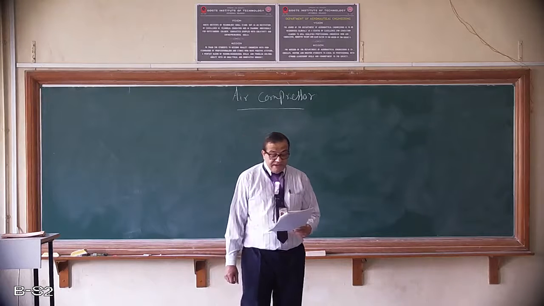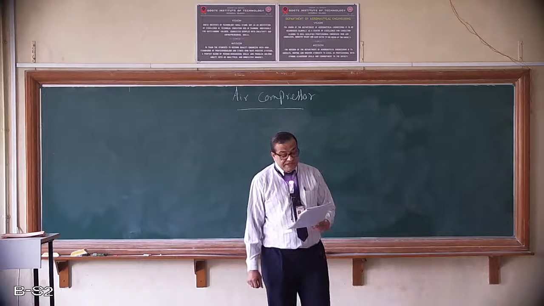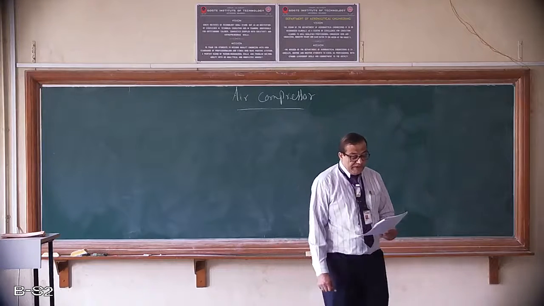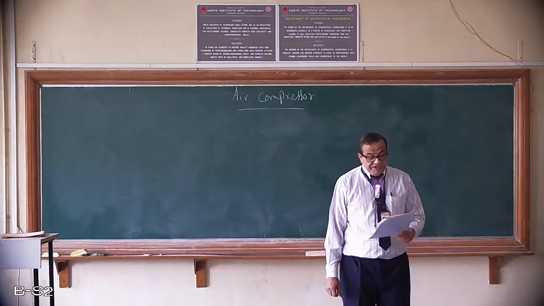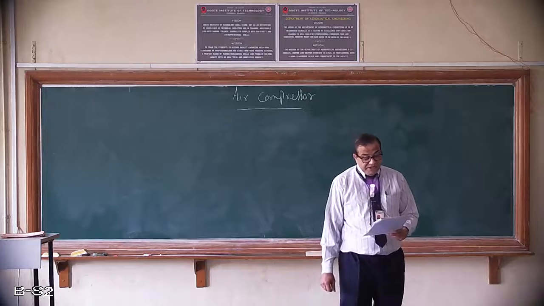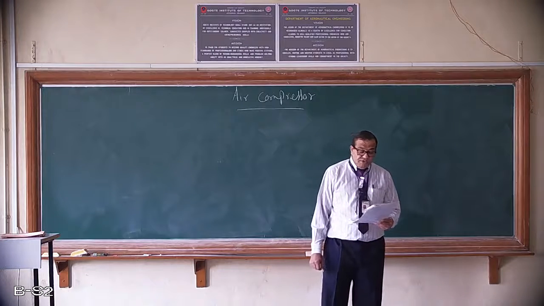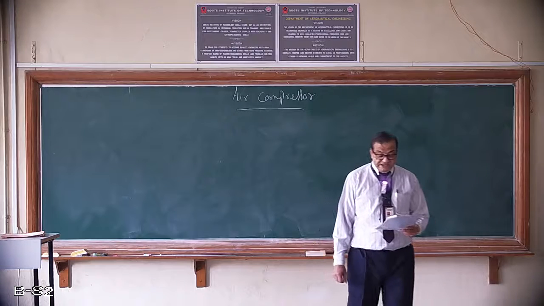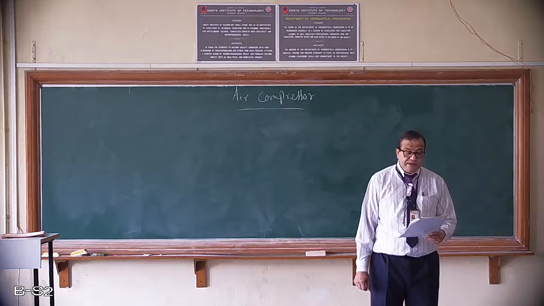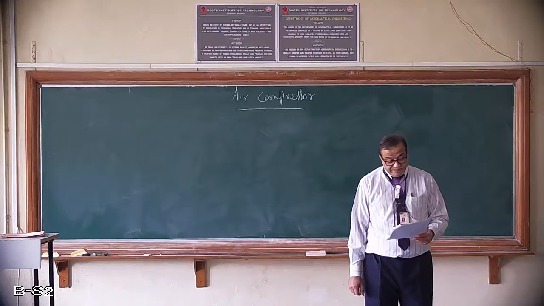The clearance volume is 5% of the stroke volume. The pressure and temperature of ambient air are 1.03 bar and 20 degrees Celsius. Index of compression is 1.3. Index of re-expansion is 1.35.